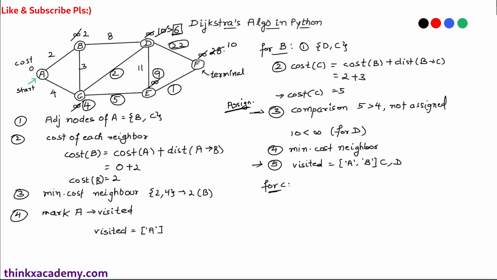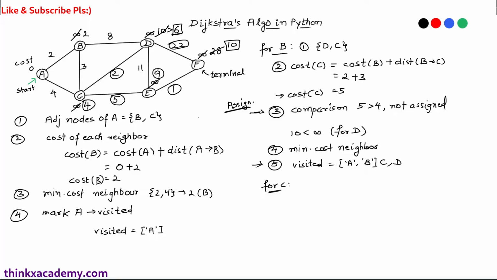Now we have reached the terminal and the cost at the terminal is 10, which says that the path taken was from E to F, and E has a cost of 9, which we got by moving from A to C to E. So A to C is 4, C to E is 5, which is 9, and 9 plus 1 is 10, and you can see this is actually the shortest path.